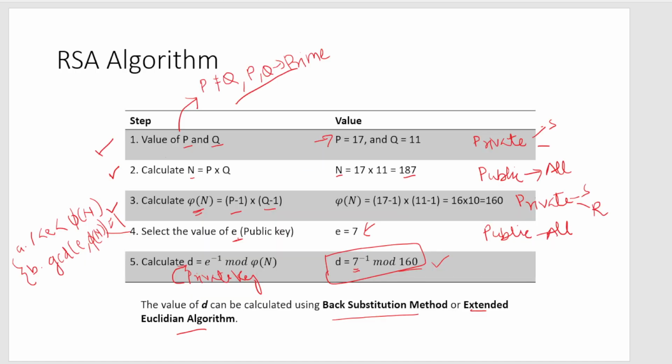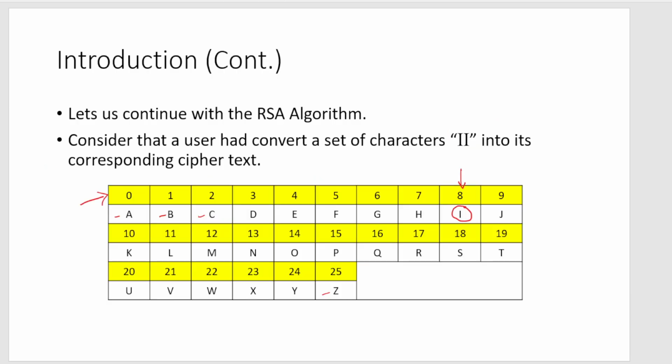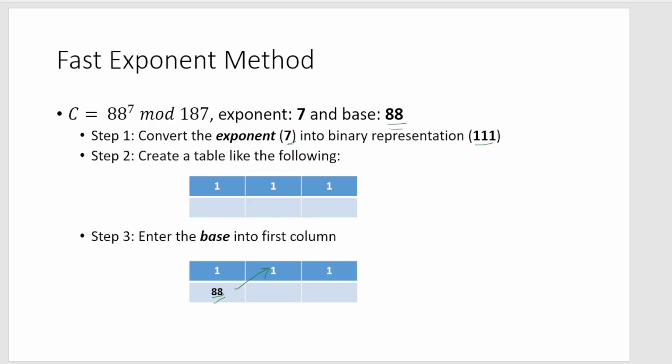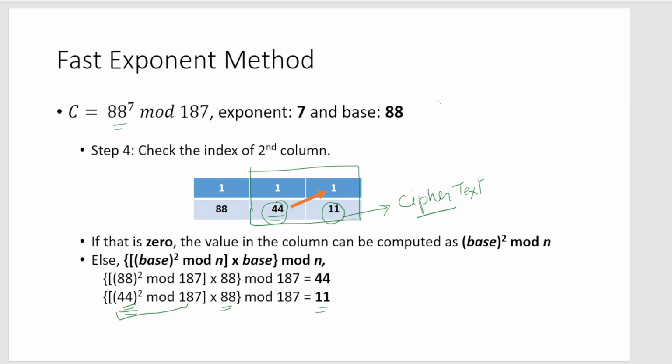Let's check here. 11 is L. So either if it is following this structure, then we have a value called L, right? So 88 is converted into L.